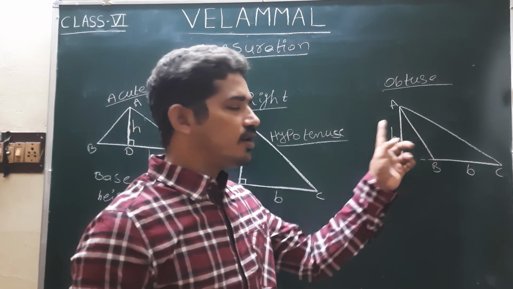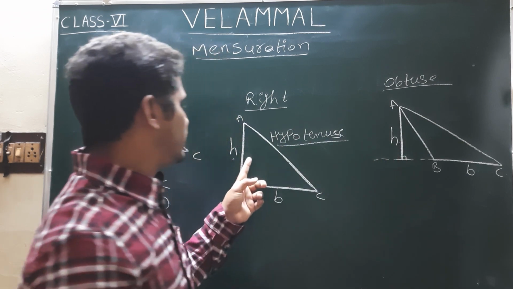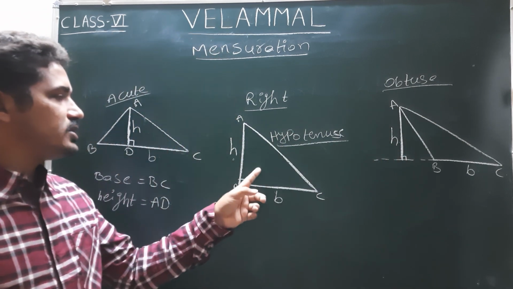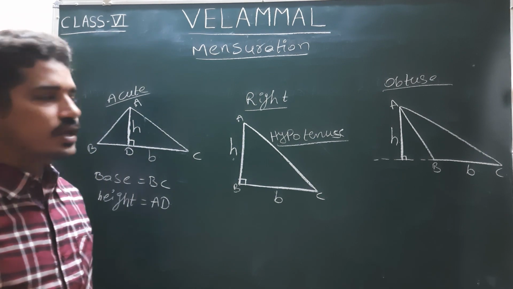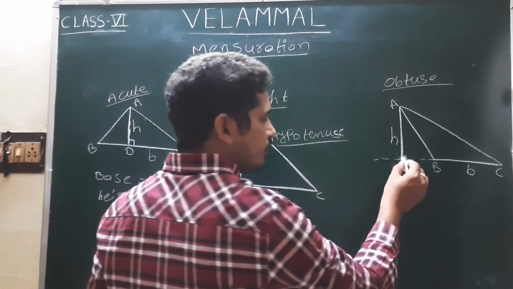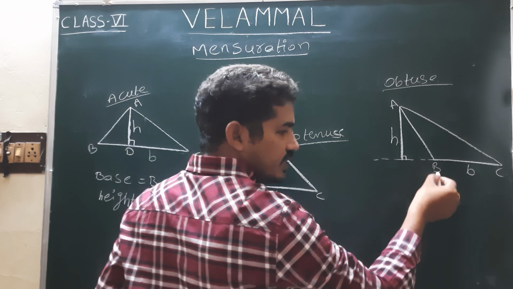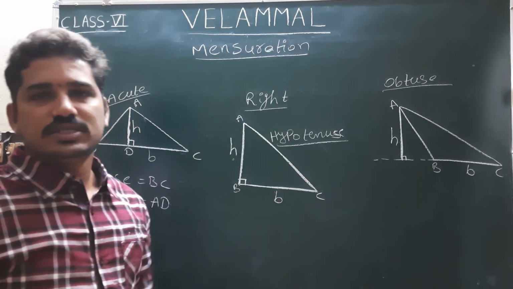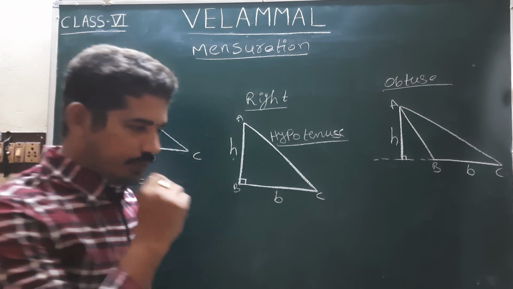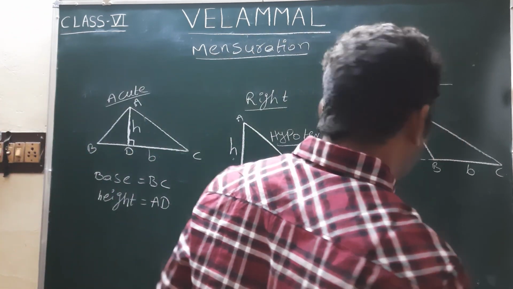Understood? Whatever it may be, the perpendicular line drawn from the base to the opposite vertex is called the height. Based on this height, we will discuss the area and perimeters of the triangle.